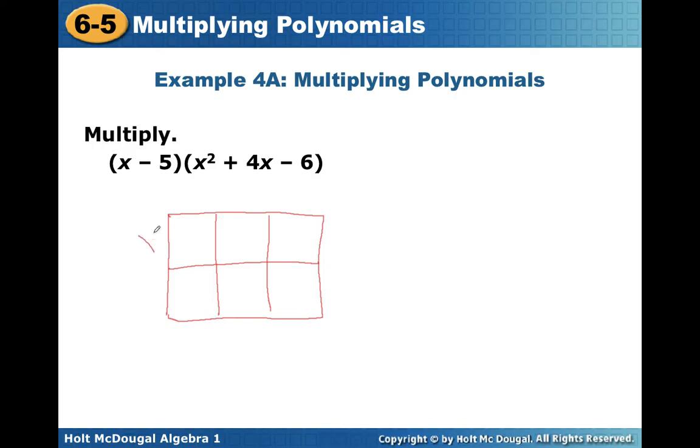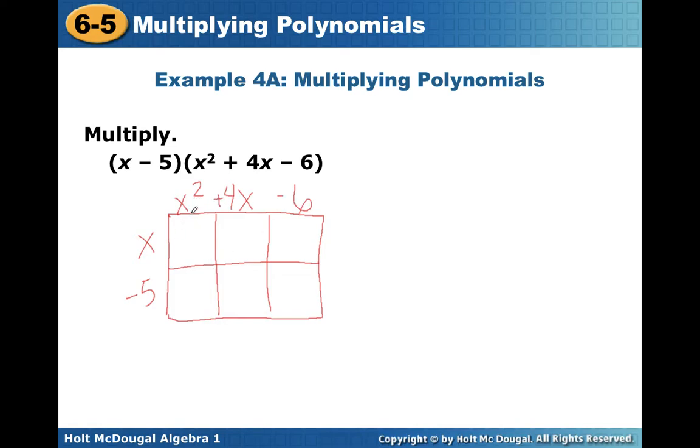Here you're going to put x and negative 5. And then up here you're going to put x squared, 4x, and negative 6. Okay, making sure that you keep your signs associated with each piece.